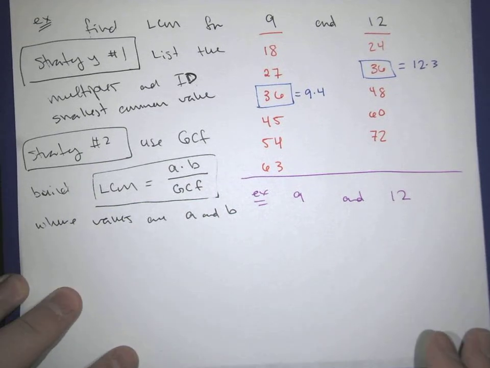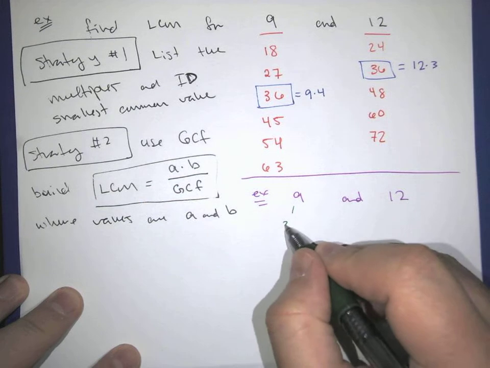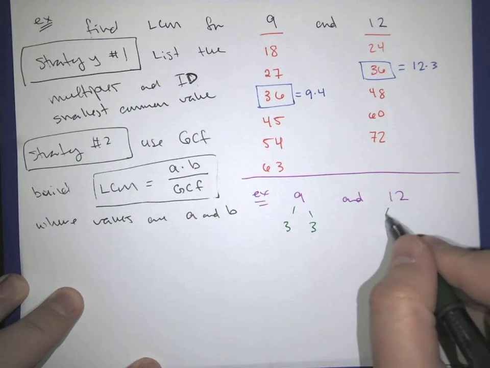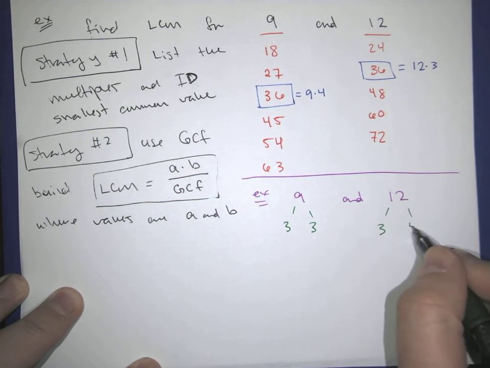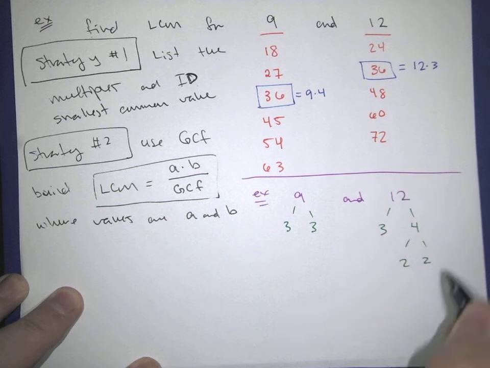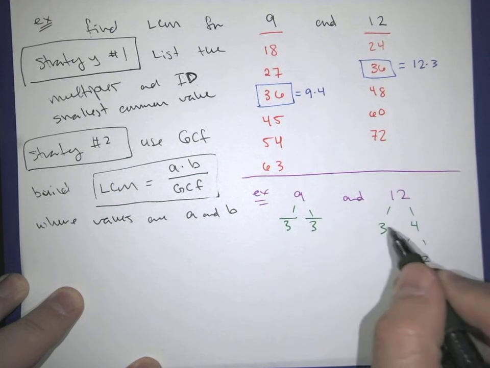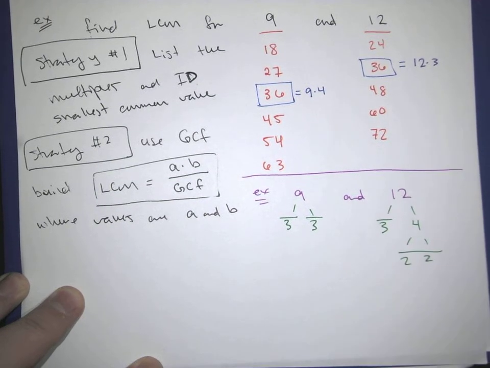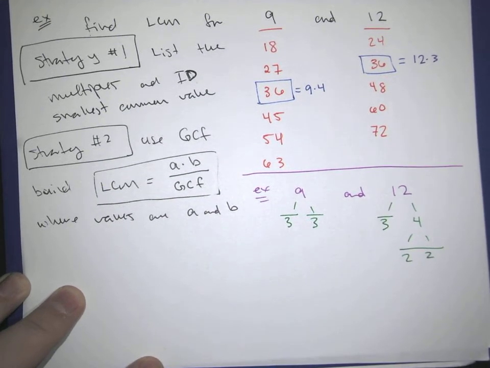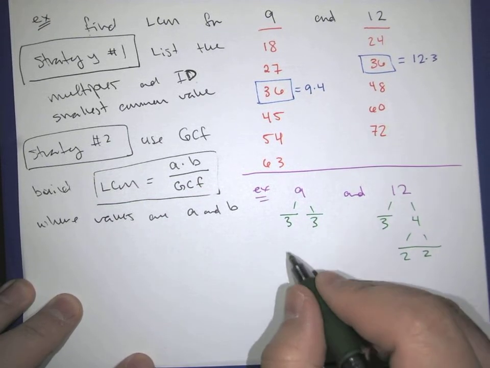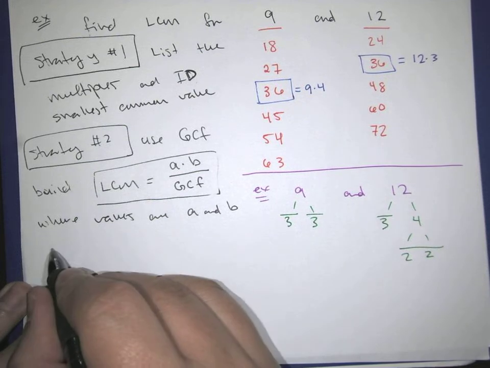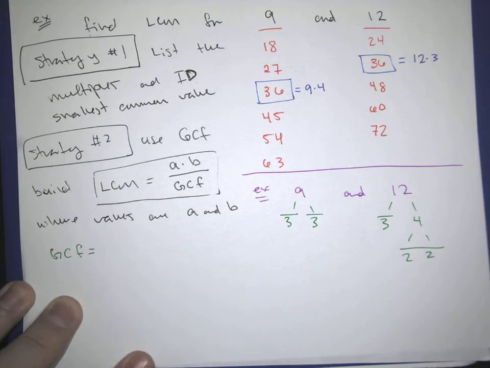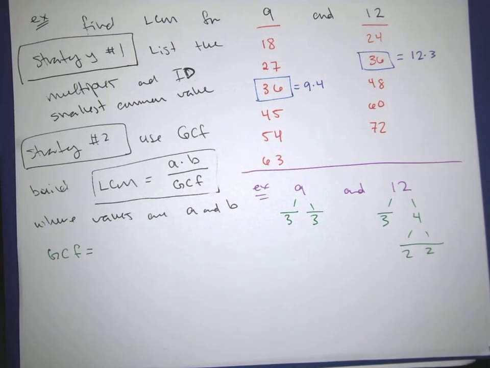So for 9, this would be 3 and 3. 12 would be 3 times 4, which would be 2 and 2. A student showed me one thing that can be useful here: at the end of each of your branches, if you mark a little line over it, it helps to identify the ends of all the branches. So the GCF for us here is going to be equal to all of these overlapping things.